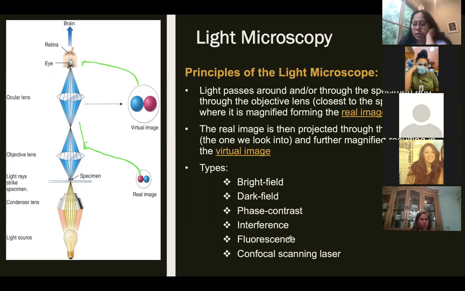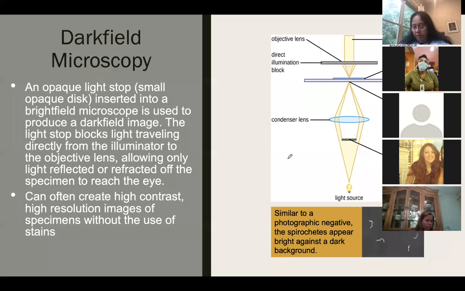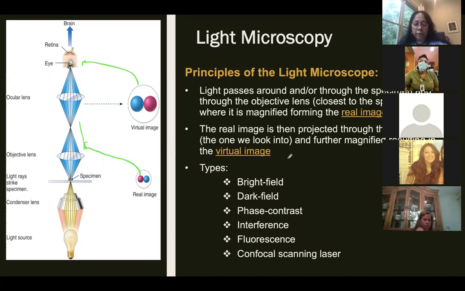We have many different types of light microscope. Okay, we have bright field, dark field, phase contrast, interference, fluorescence, so many different types of microscope. Now, the bright field, in the first slide of this PowerPoint, I talked about bright field microscopy.